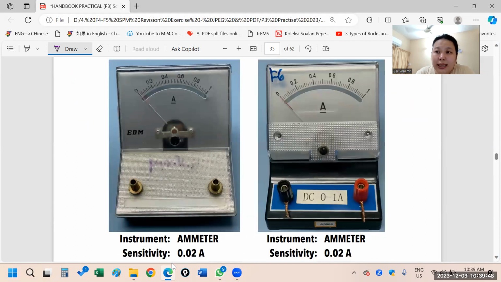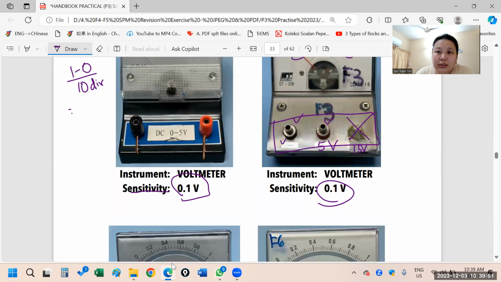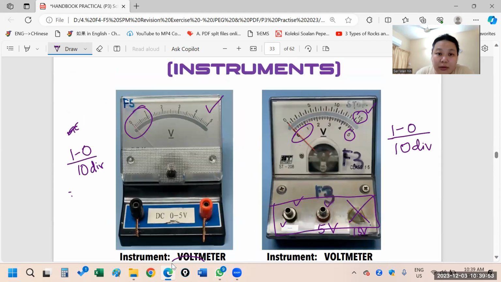Then one more thing is, normally there is a mirror behind. So make sure you adjust your eye position so that you cannot see the shadow or reflection of the pointer.